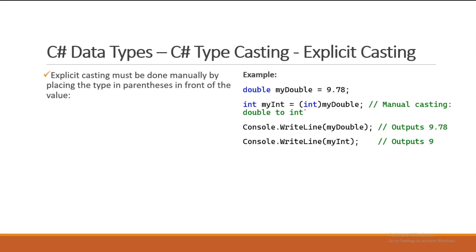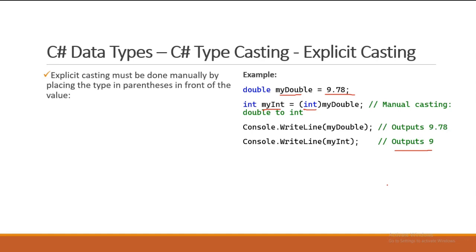Type casting is the first way that we can do it. For example, my double is this value, and if you try to convert it to int, we need to convert it explicitly. Then this value will be 9.